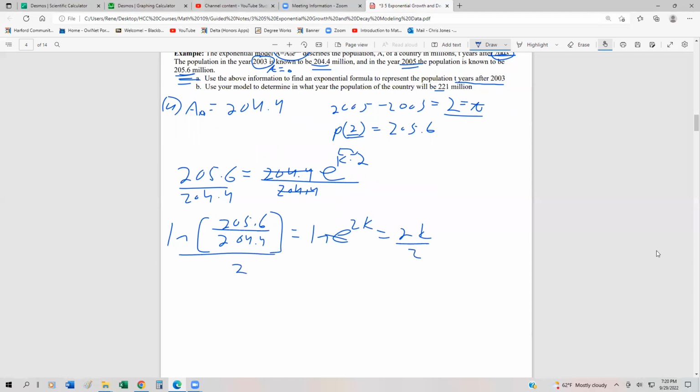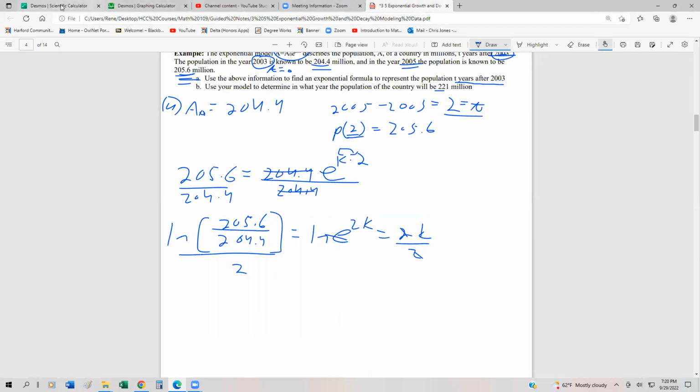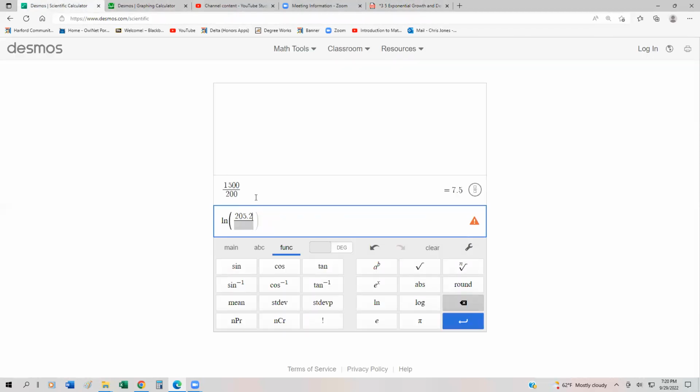All right, we probably want to get an approximation for k, so let's just shove this into our calculator and figure out what the growth constant is going to be. So we have the natural log of 205.6 divided by 204.4, and then we're going to divide that by 2.